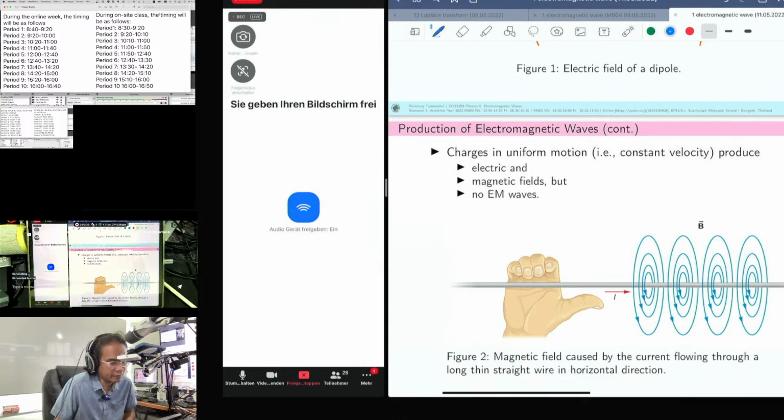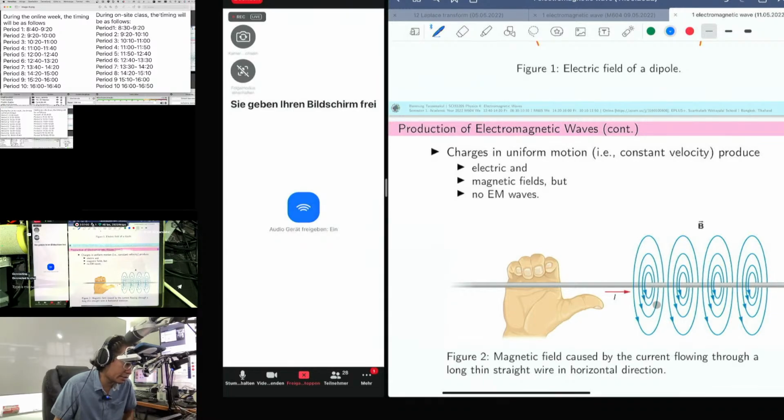But if the current flows in this direction, you still have to use your thumb, but your four remaining fingers will give you the direction of the magnetic field in the opposite way. Okay, it's going to turn around in this manner, everywhere.